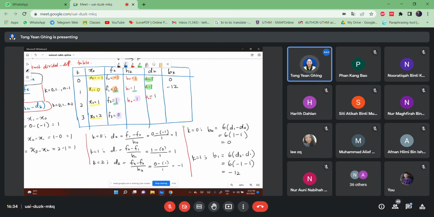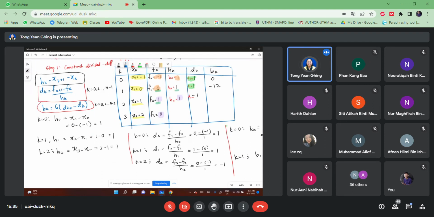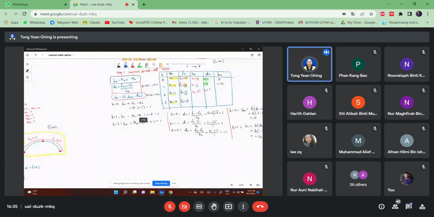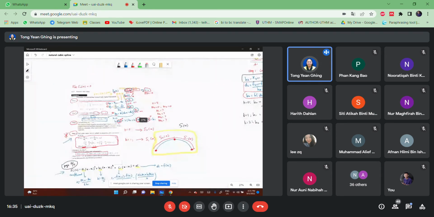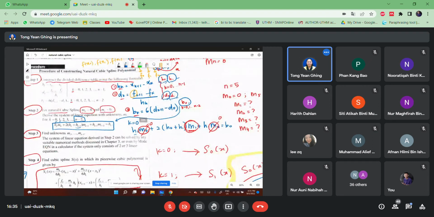Okay, now the first step is finished already. Then we go to the second step, okay? In the first step, we already found HK, DK, and BK. Now we have already settled this divided difference table, and then we go to the second step. So look at this now, the second step, that means we have to use this formula.